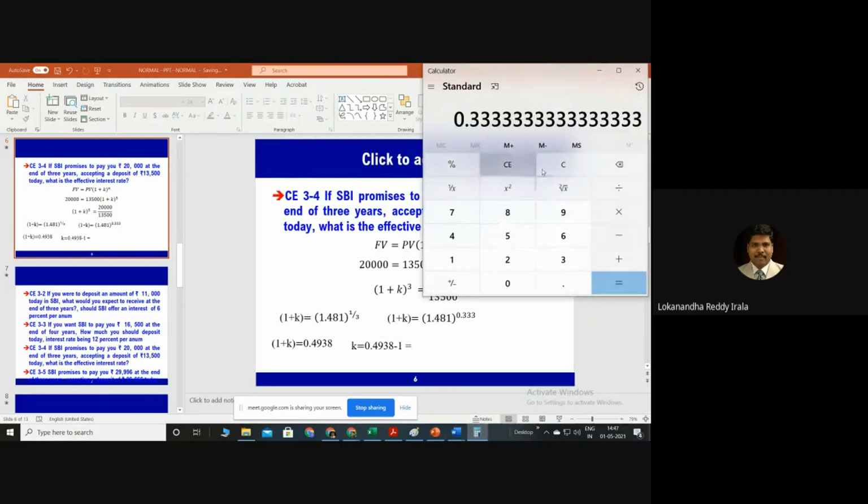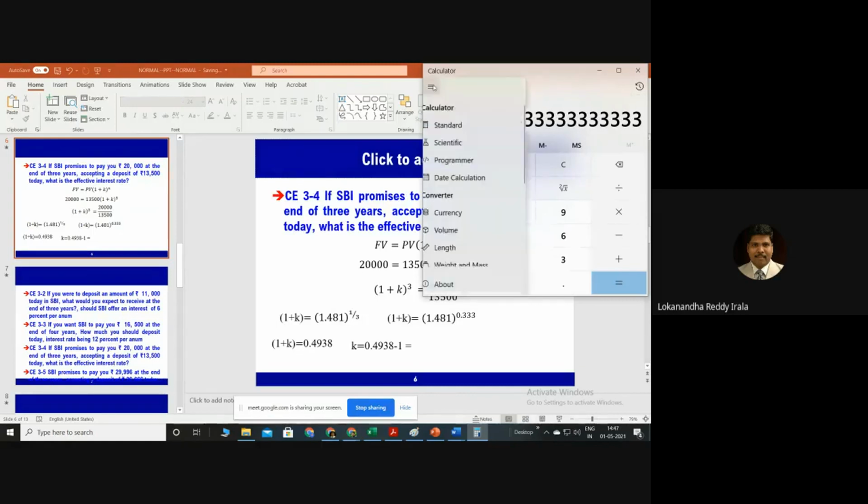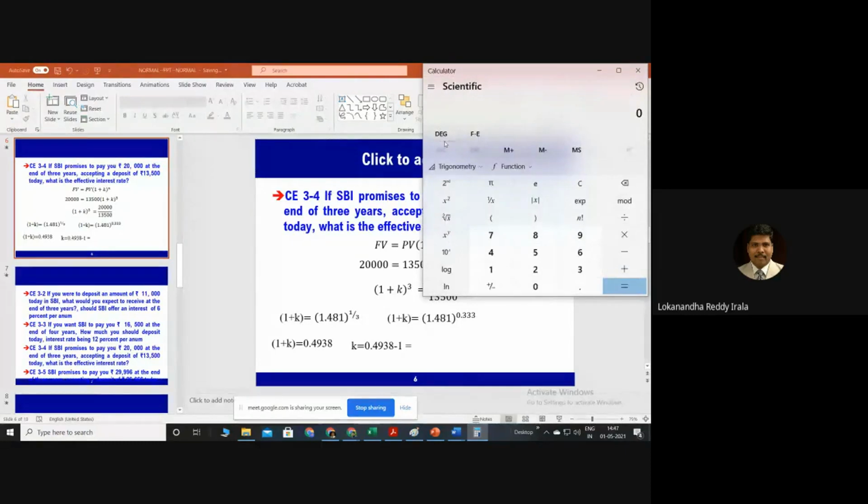So now do we have the x to the power of n formula here in the calculator? No, we don't have a scientific calculator. X to the power of y, yeah. So now first we have to find out 1.481.